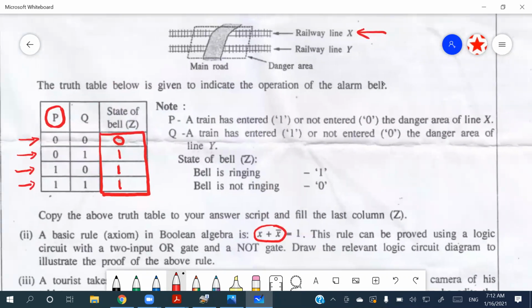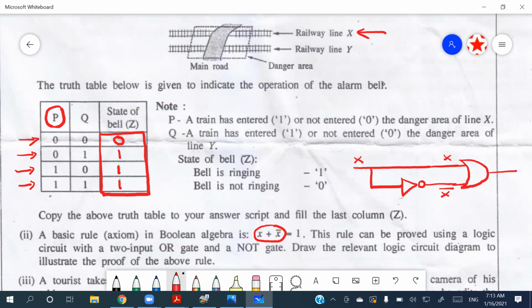So you should have an x line, and from the same line you can take another and put a NOT gate, which gives you X bar. So this one has X, this one has X bar, and they go inside an OR gate.